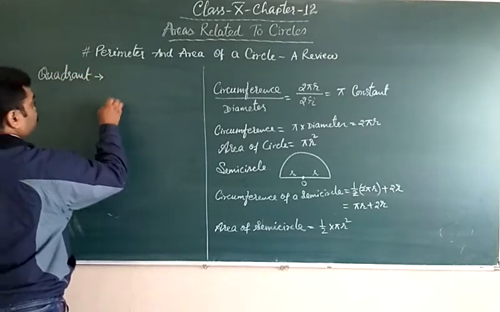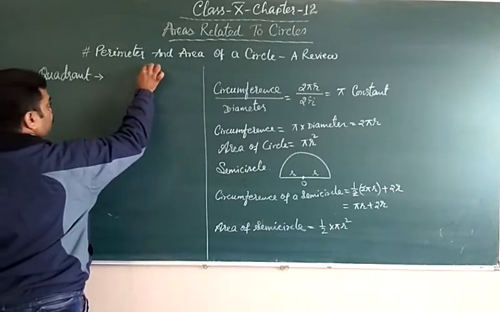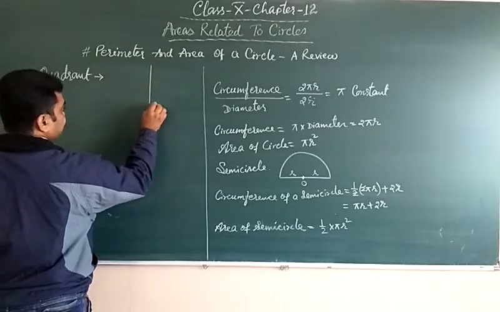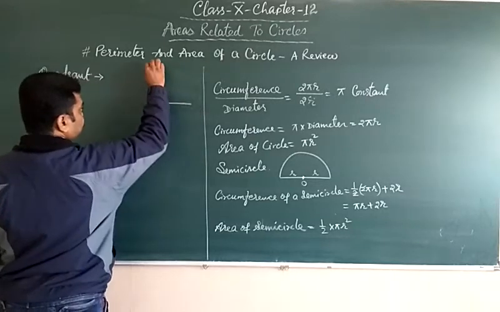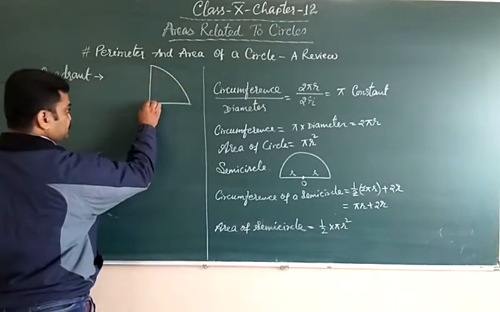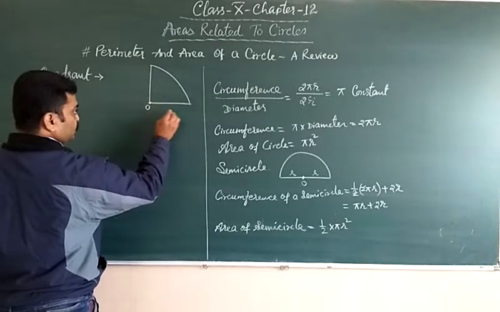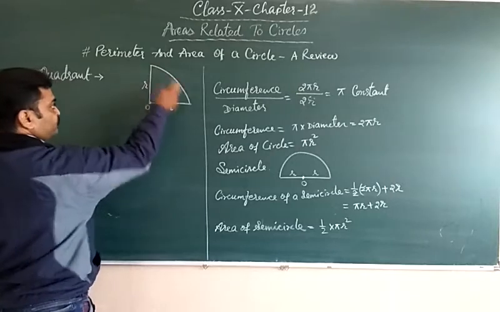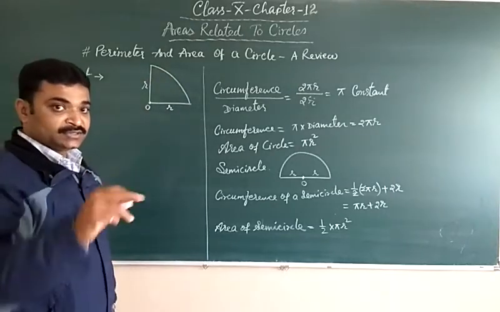Quadrant means 1/4 part of a circle. So its figure will be in this way. This is the center of the circle, that is O, this is the radius R, and this is the 1/4 part of the circle.